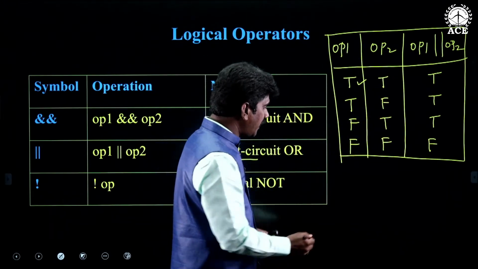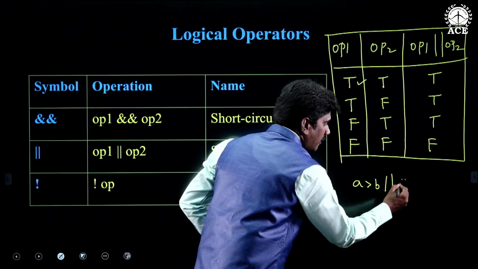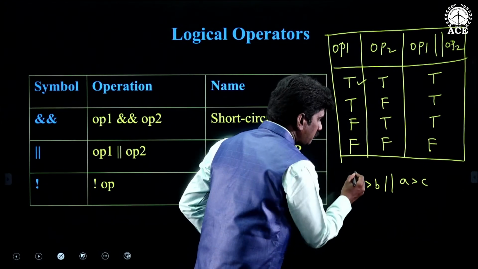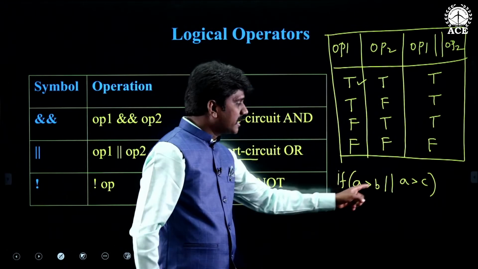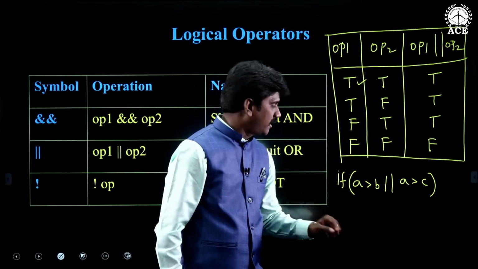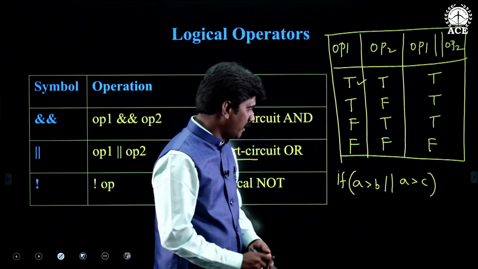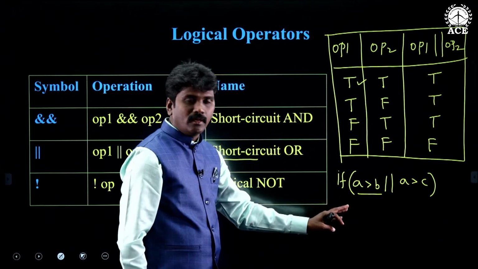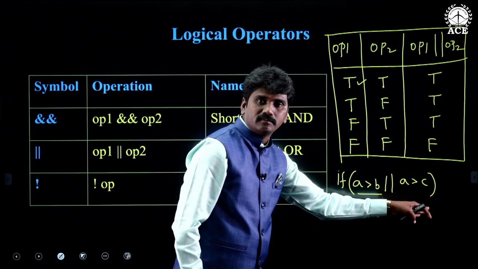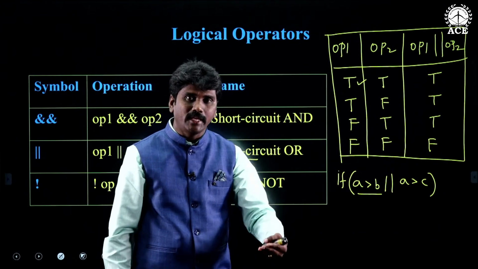If I take two conditions like A greater than B or A greater than C, in this case, whether this condition is true or false can be identified that if, for example, the first one is true, no need to check the second one. Means the CPU time is going to be saved, performance is going to be increased.